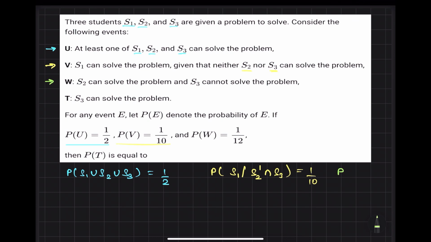Probability of W, S2 can solve the problem and S3 cannot solve the problem, is W and it is 1 by 12. Okay. Now we have T, which is S3 can solve the problem and we have to find out the value of probability of T. So we have to find P of T.